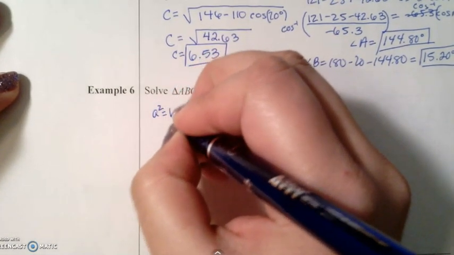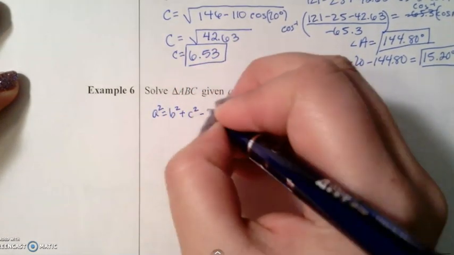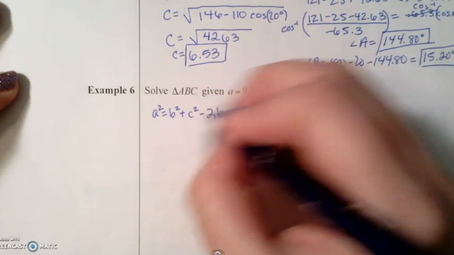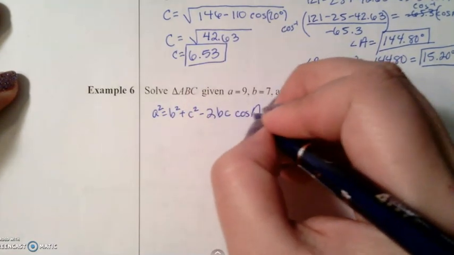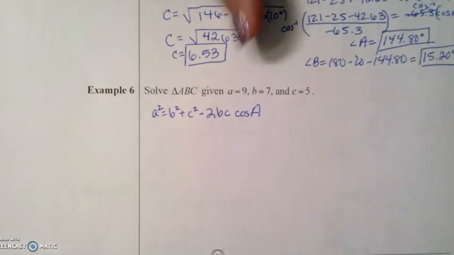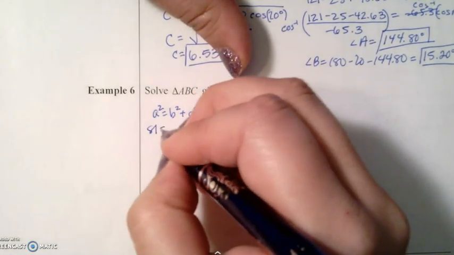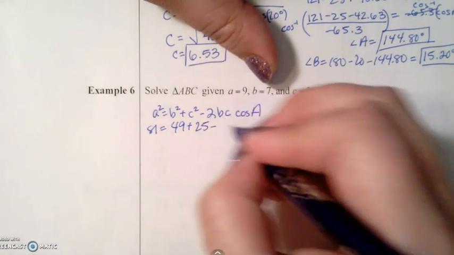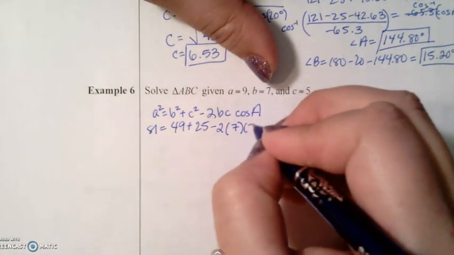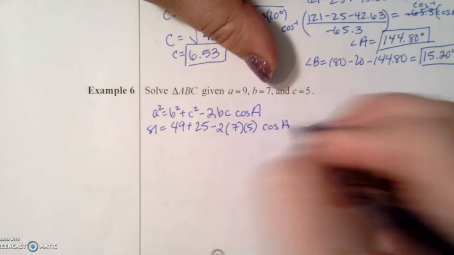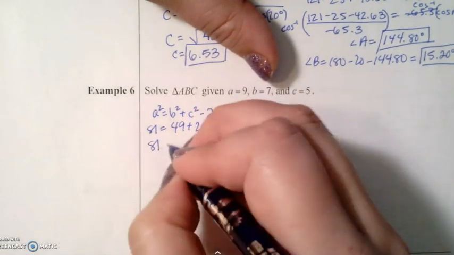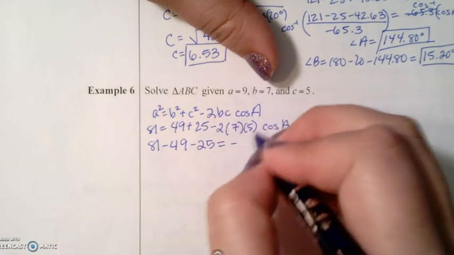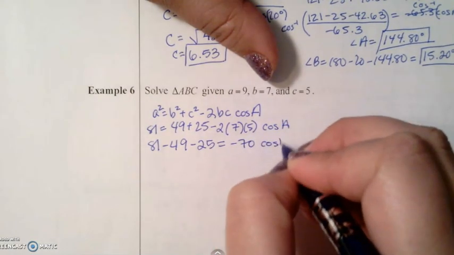A squared equals B squared plus C squared minus 2 times the ones that are on the right side of the equation, BC, times cosine of the one on the left side, which is capital A. Okay, substituting in, 9 squared is 81 equals B squared is 49 plus C squared is 25 minus 2 times 7 times 5 times cosine of A. So 81 minus 49 minus 25 equals negative 70 cosine of A.